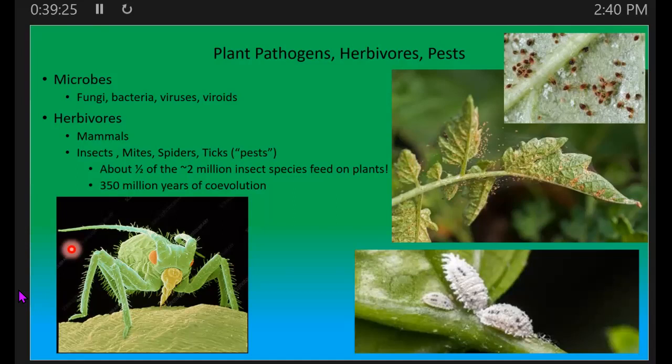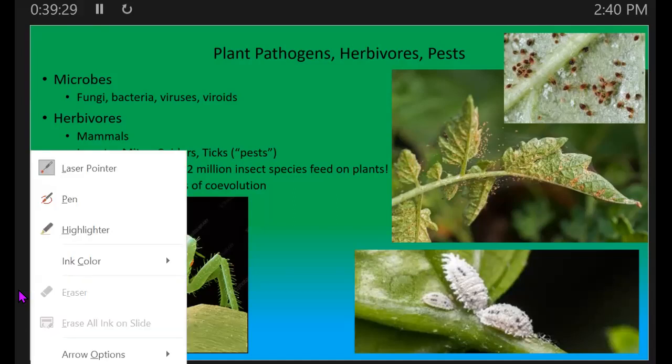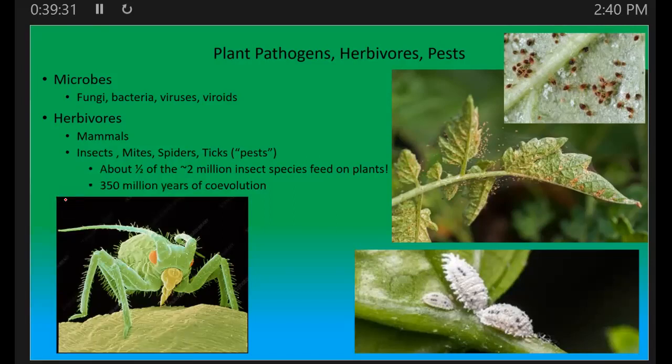The top two pictures are spider mites. All of these that I'm going to be showing you, by the way, can show up in a greenhouse setting, in your home, out in the field. So if you ever look at your houseplant and you see what looks like a spider web, that's usually the first sign, because the spider mites are so small, you can miss them with the naked eye.